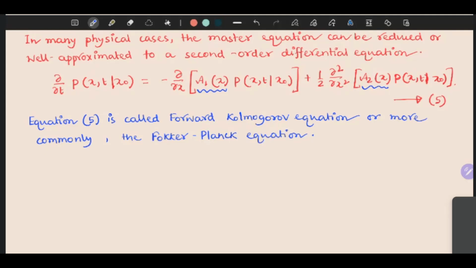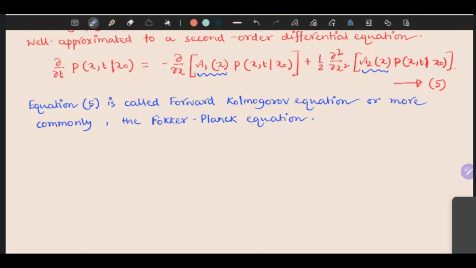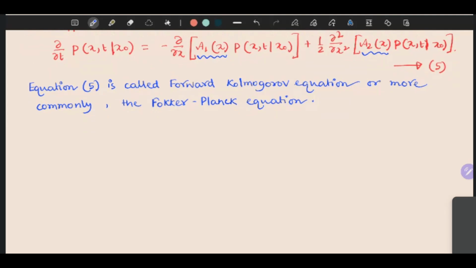Now the diffusion equation we have studied earlier is a special case of Fokker Planck equations, and in the Smoluchowski equation we have considered the diffusion equation in the presence of a constant external force.